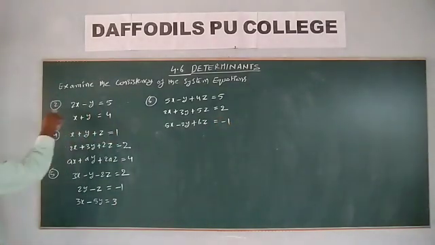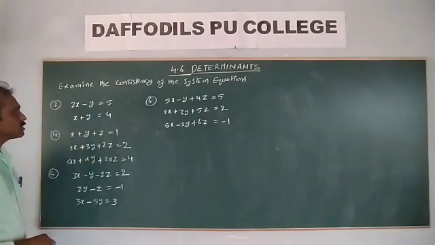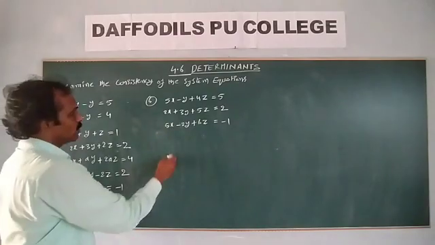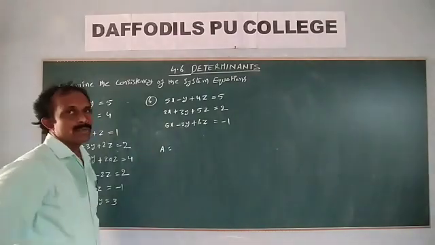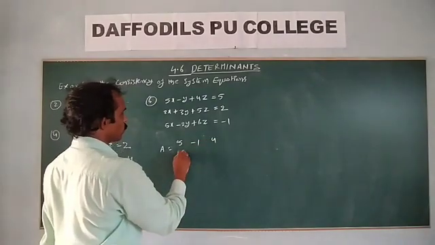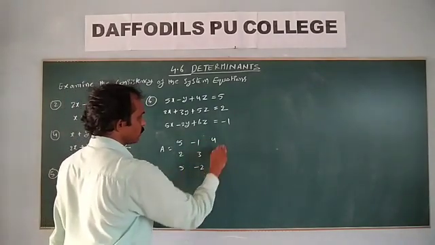Okay, here are problems 1, 2, 3, 4. This one gives two equations, and here three equations, here three equations. So A is a 3 by 3 matrix: 5, minus 1, 4, 2, 3, 5, minus 2, 6.